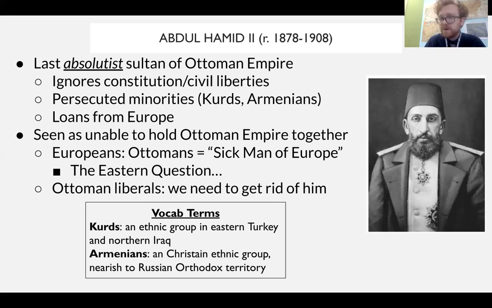And on top of this, there is that question that if the Ottomans fall, then there is going to be a scramble for Ottoman territory by the European powers, this so-called Eastern question. So we are going to see a need for reform, especially heightened by the presence of an Ottoman liberal middle class.